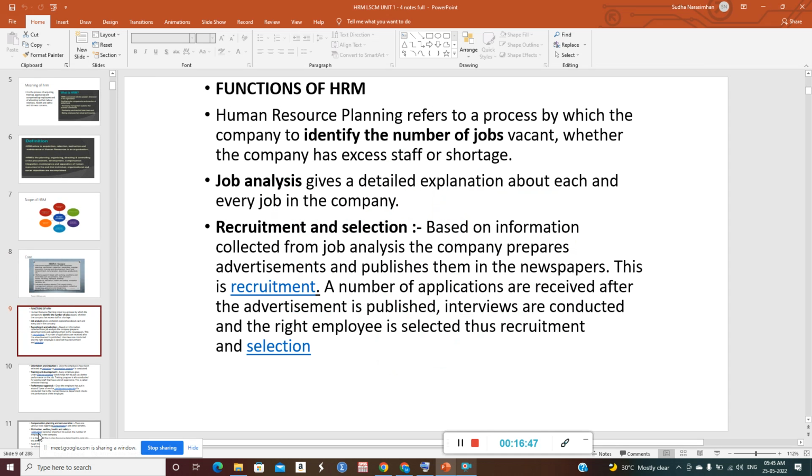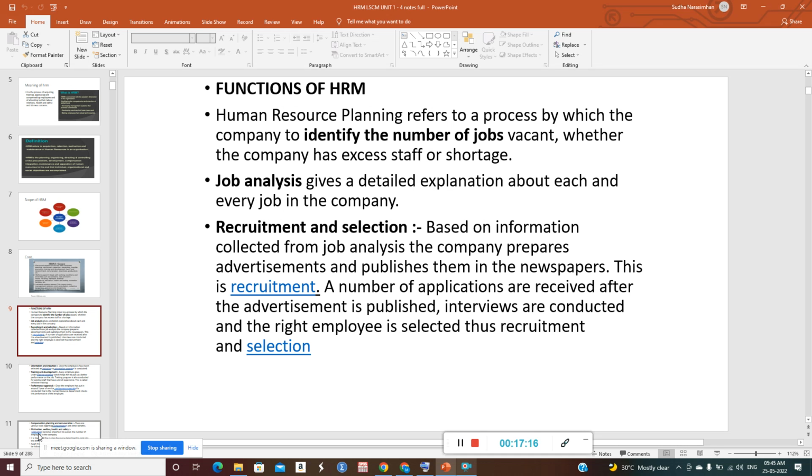When we talk about the functions of human resources management, human resources planning is said to be the first function. It refers to the process by which companies identify the number of jobs that are vacant in their organization, whether they have an excess staff or a shortage of it.